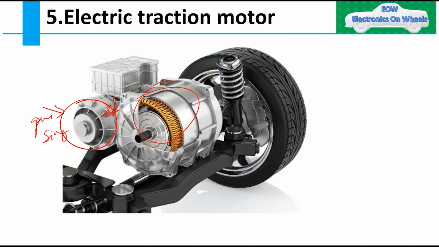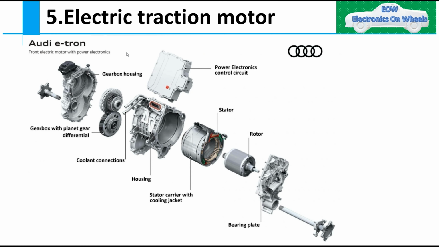I told you, in some of the vehicles the inverter will look like this. Your electric traction motor, if I take the example of the Audi e-tron, here you will have the gearbox with planet gear, but it will be an integrated part, so it won't be a separate big unit.